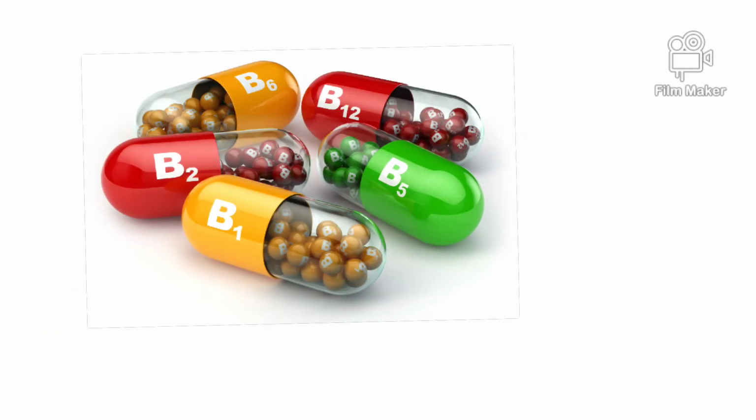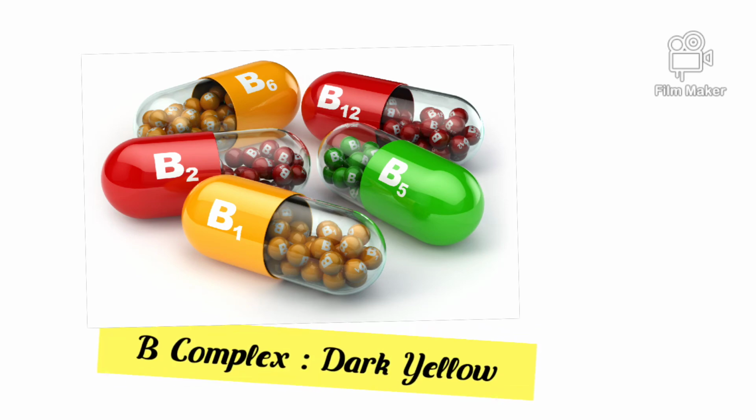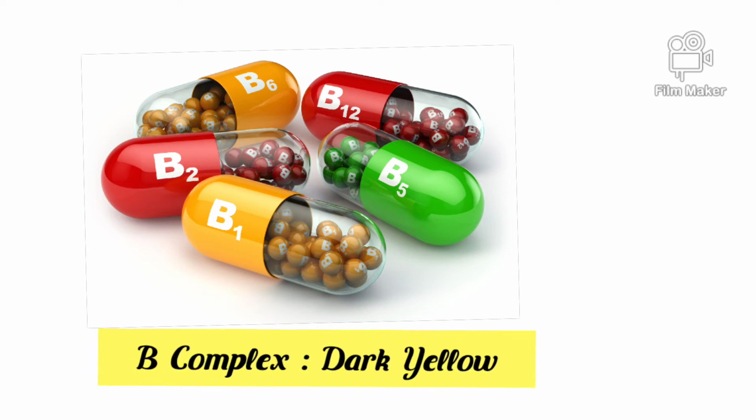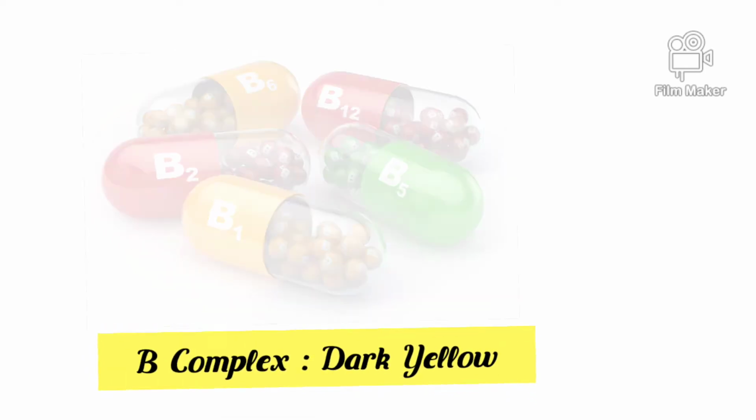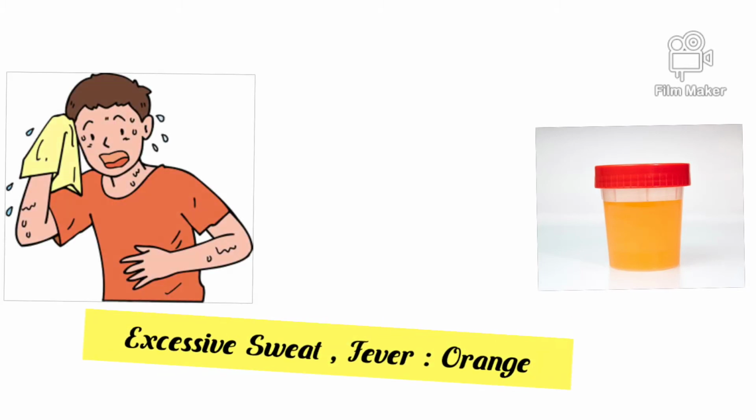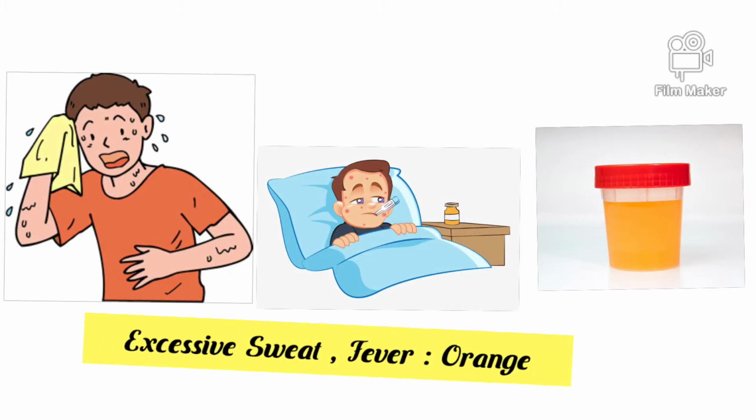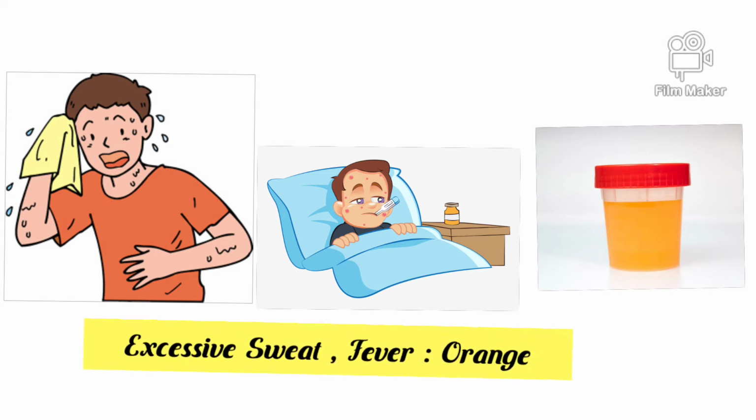If a person takes excessive B complex tablets every day, he may also show dark yellow colored urine. And orange colored urine is generally seen in excessive sweating, fever conditions, etc. This is about the color of the urine.